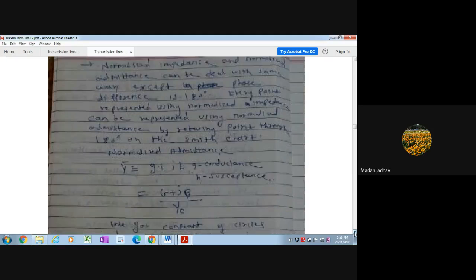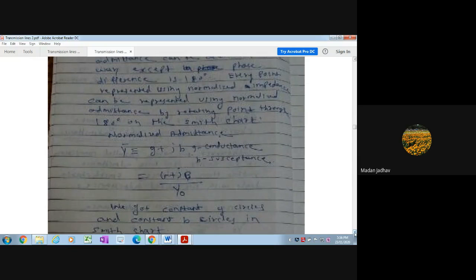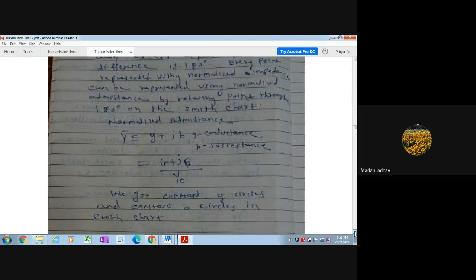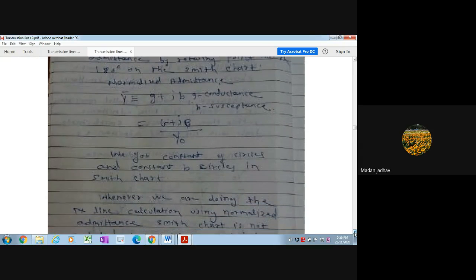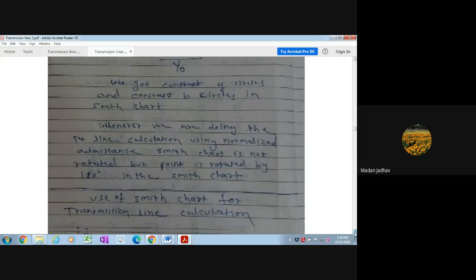Whenever there is admittance, you can also find it. The normalized admittance is G plus jB, where G is the conductance and B is the susceptance. In normalized form, first of all we have to find it.